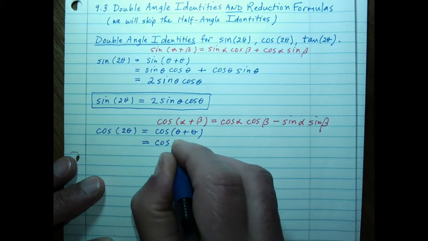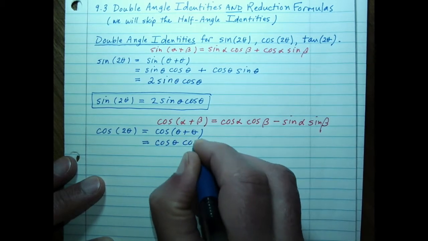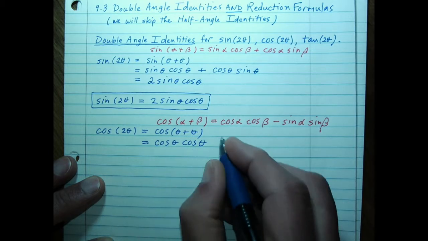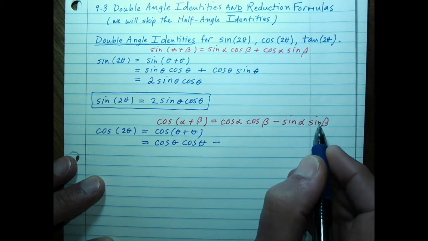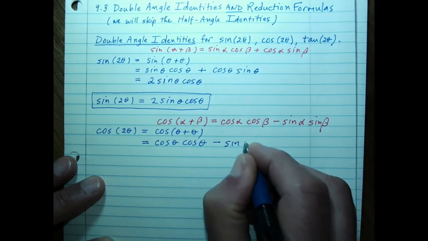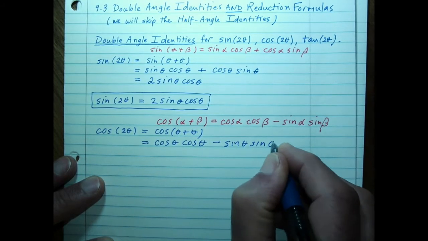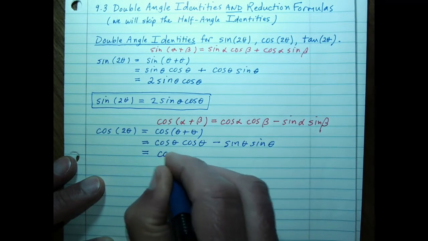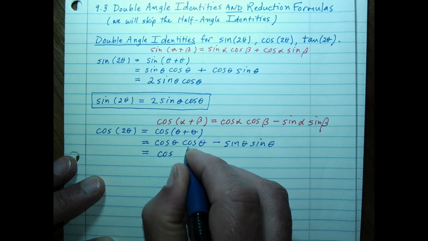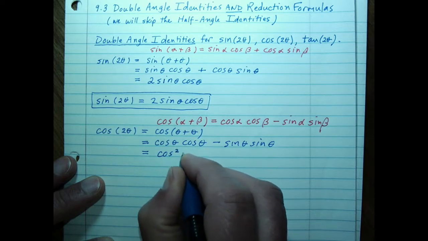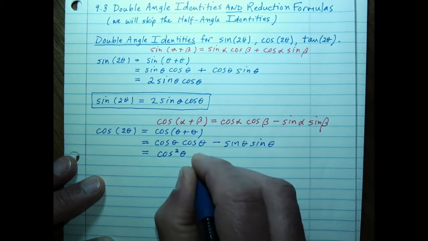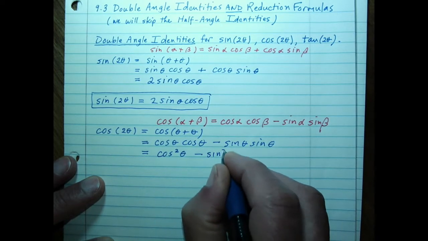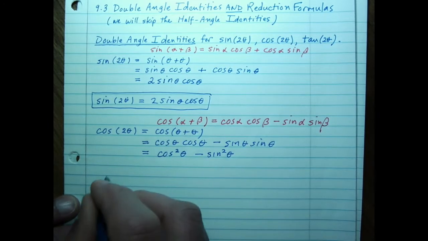But now I'm plugging into this cosine of the sum identity. So I'm going to get cosine theta cosine theta, cosine alpha, cosine beta, minus sine alpha sine beta becomes sine theta sine theta, which is just cosine times cosine, cosine theta squared. We'll use the shorthand, cosine squared theta, minus sine squared theta.